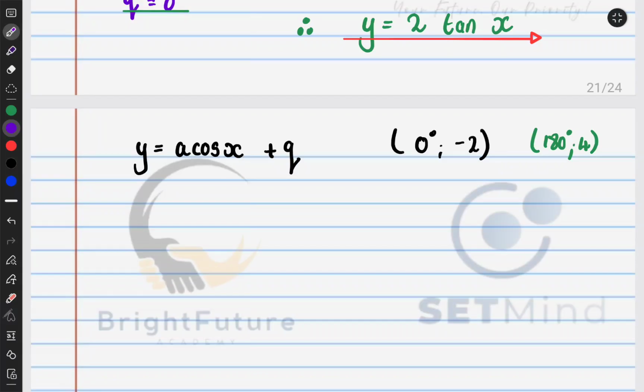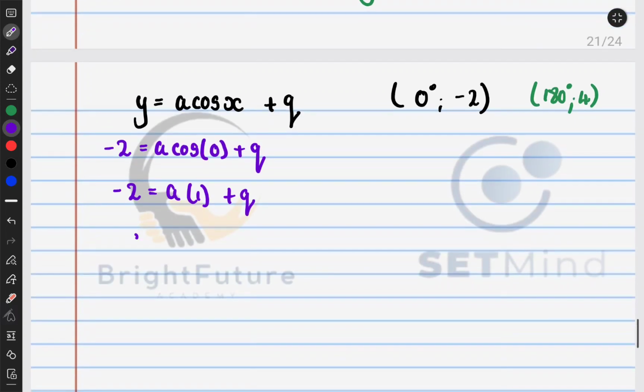Start by substituting 0 degrees and negative 2. Negative 2 is equal to a cos of 0 plus q. What is cos of 0? It is 1. Therefore, negative 2 is equal to a into 1 plus q, which makes q equal to negative 2 minus a. And this is equation 1.